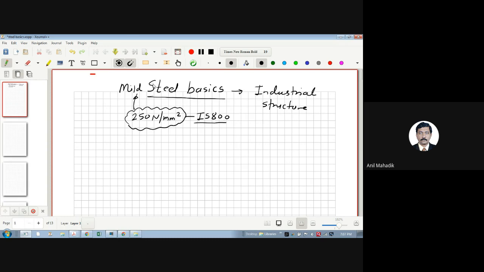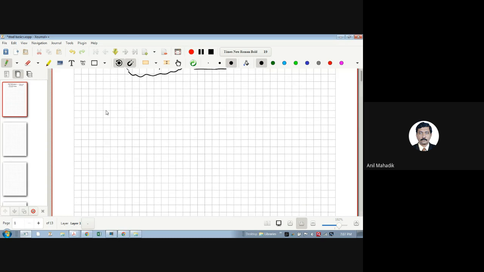Let me first go over what we discussed last time: the stress strain graph.